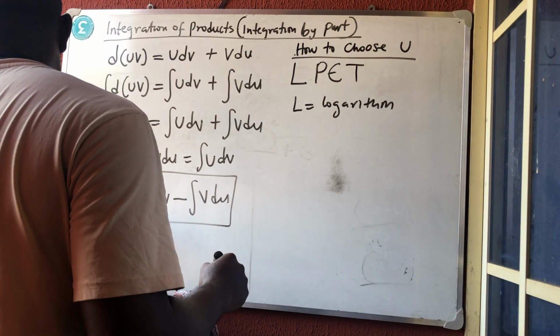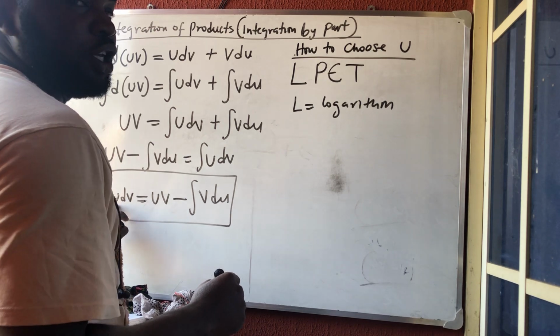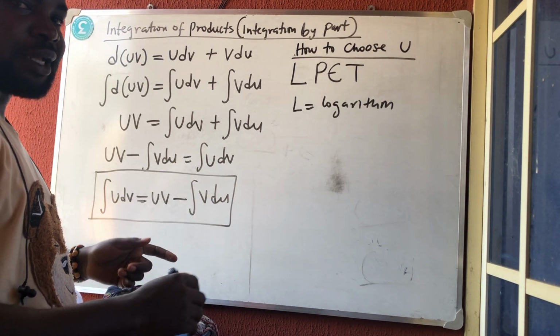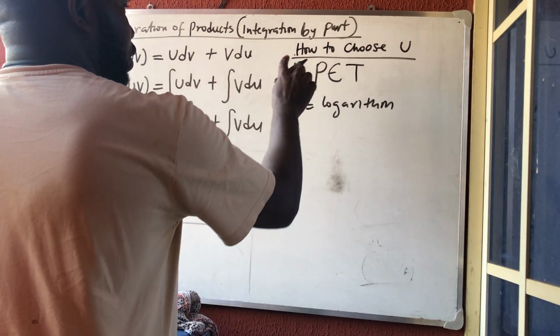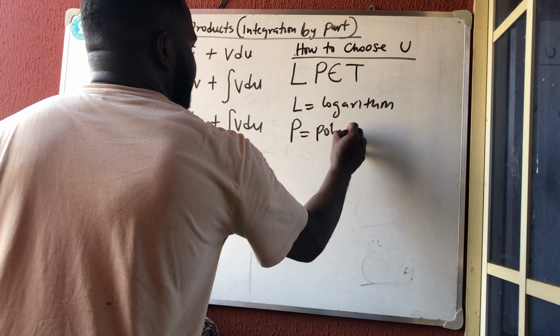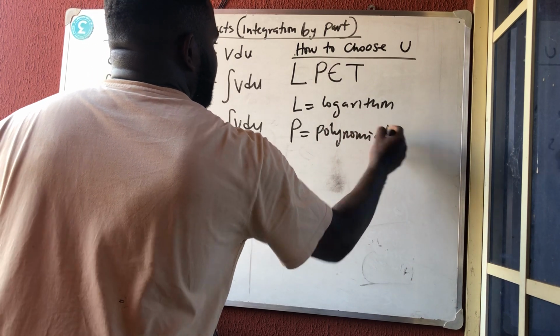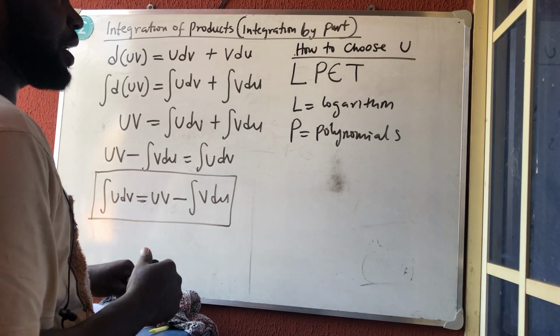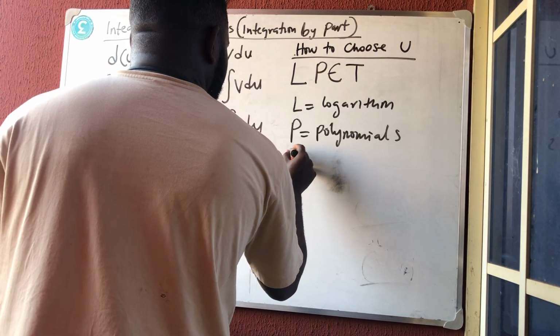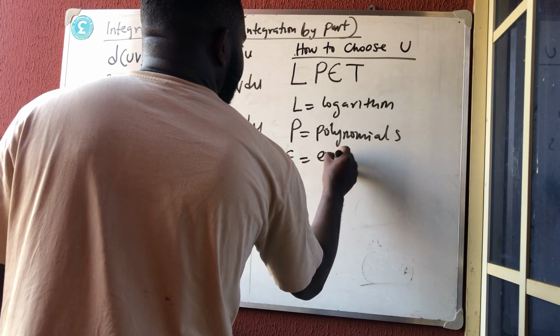So if logarithm is in the question, you choose that your u is that logarithm. That is what you choose. If you don't have logarithm there, you now go for polynomials. P is polynomial. So if there is no logarithm, automatically if there is polynomial it becomes u. The next one is E, the exponential.